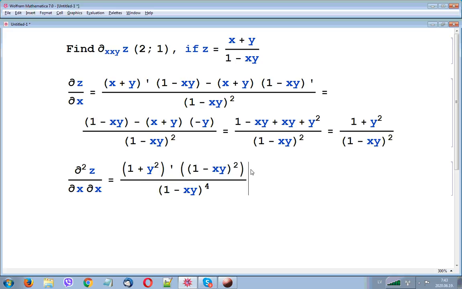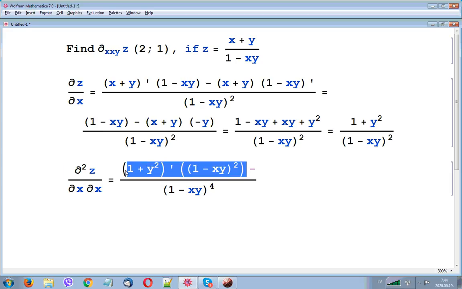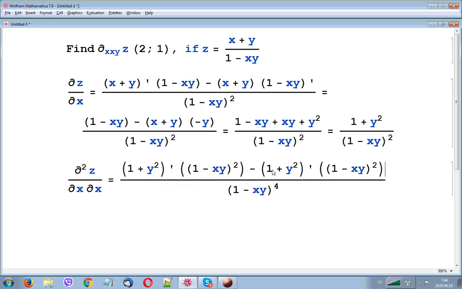and minus, then I will copy this to make it fast, and here the derivative of minus this multiplied by the derivative of that, and let us derive.